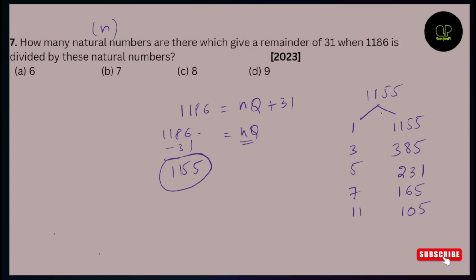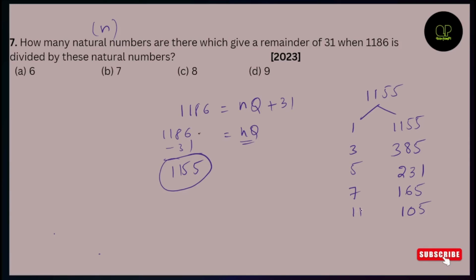So let us check if it goes with 13. 13 sevens are 91, 13 eights are 104. You'll be left with 115 and no, it doesn't go because 13 tens is 130.